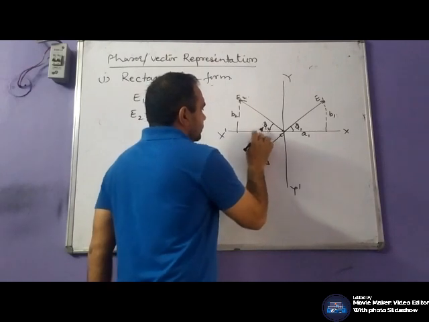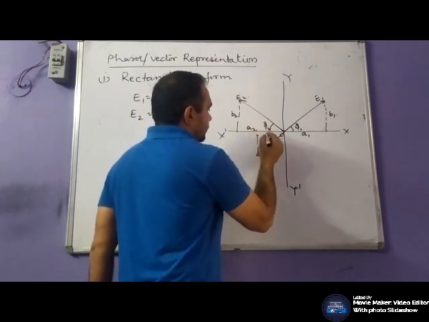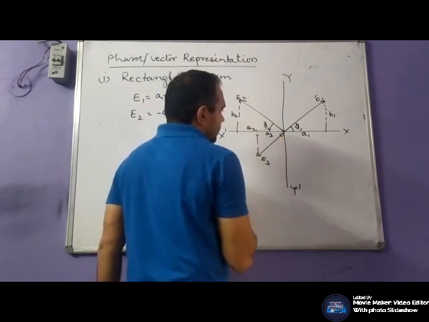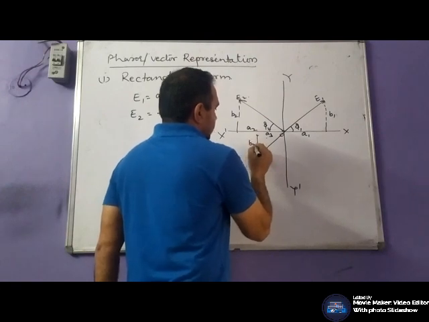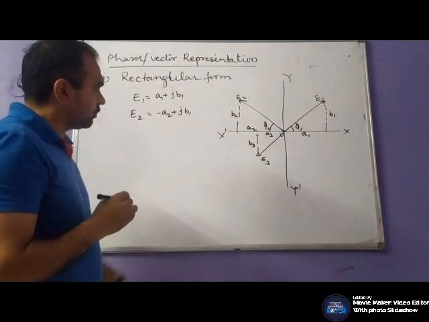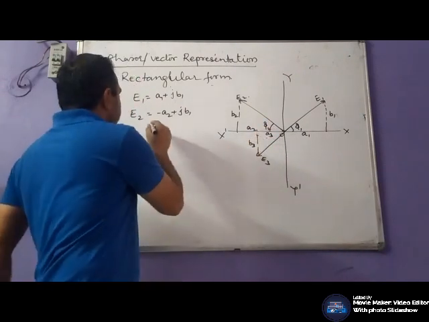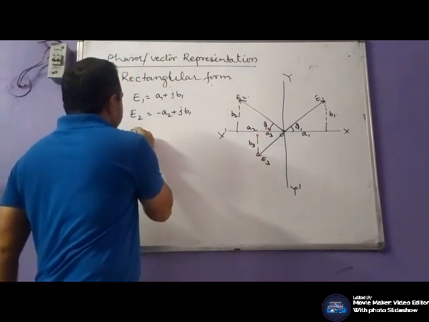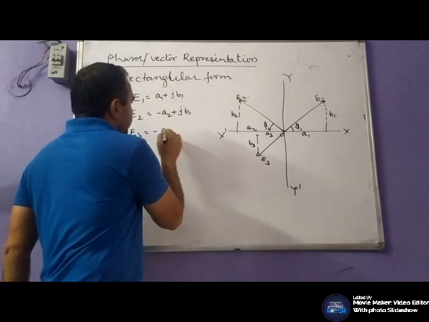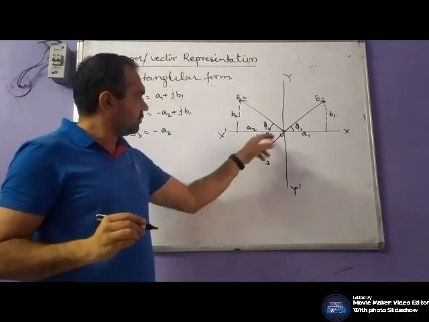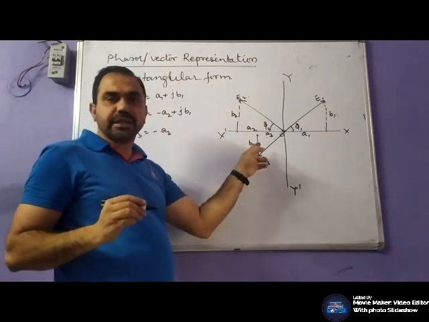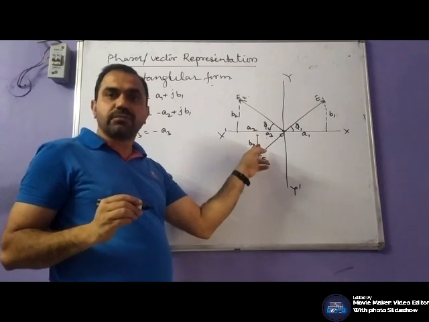Then what would be the value? A3, B3. Operator is rotated by an angle of 180. So E3 would be minus of A3. Now this operator is rotated by angle of 270.